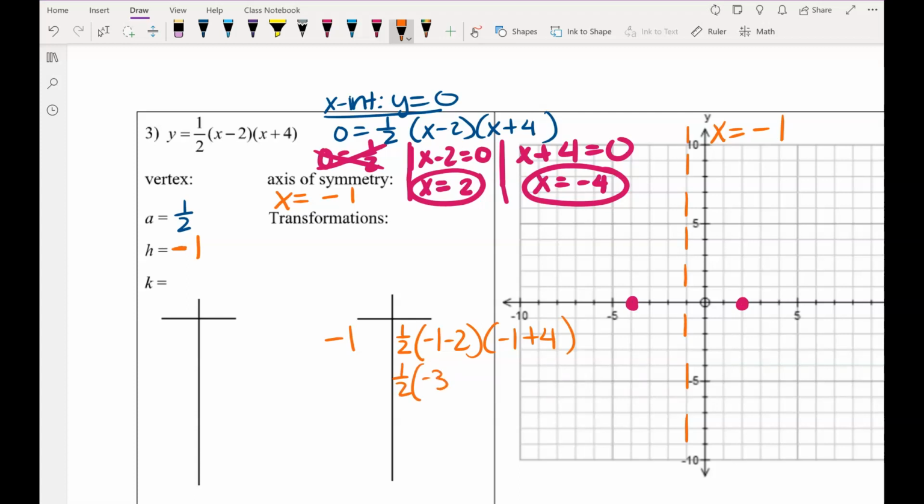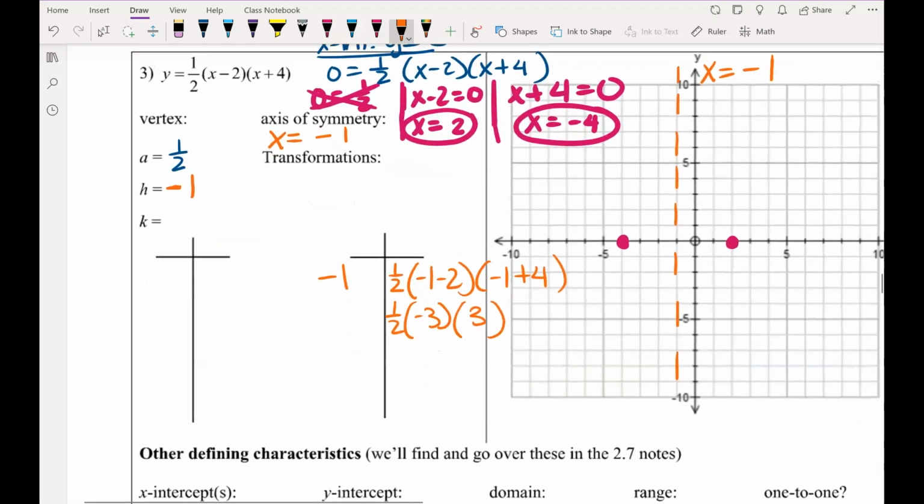This is going to be -3. -1 plus 4 is 3, right, guys? -3 times 3 would give us -9 times 1/2. Yeah, -9/2 or -4.5. Is that okay? All right. So K is -4.5.